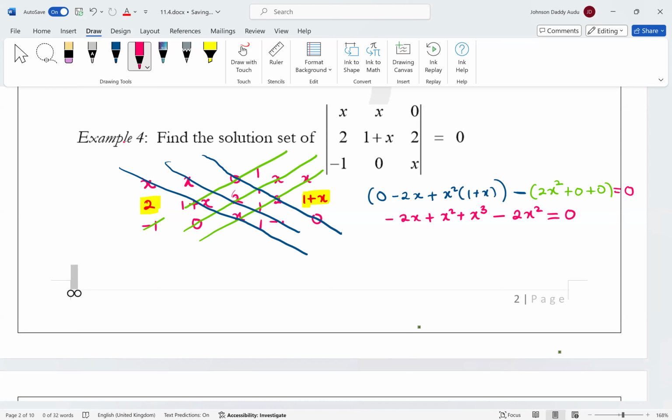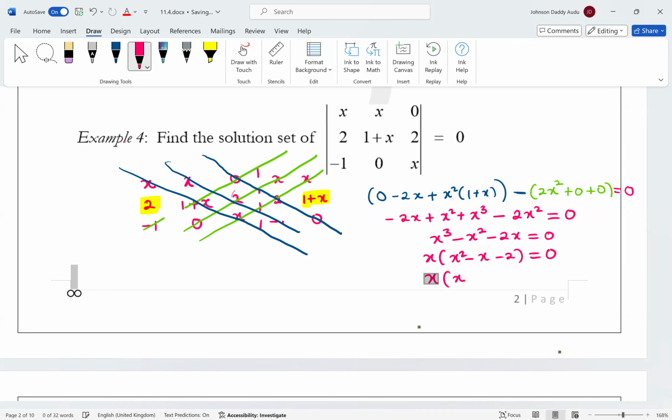And what do we have here? So let's rearrange. So this is x cubed. x squared minus 2x squared is minus x squared. Then we have minus 2x equals 0. We can factorize by taking out x. So you have x times x squared minus x, then minus 2 equals 0.